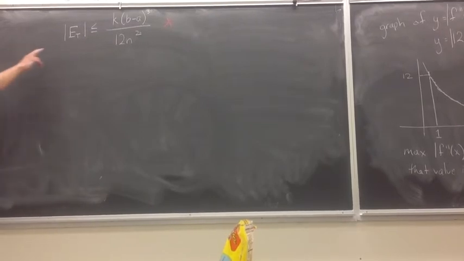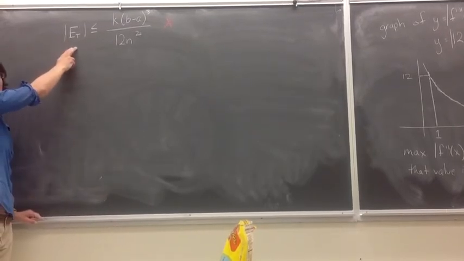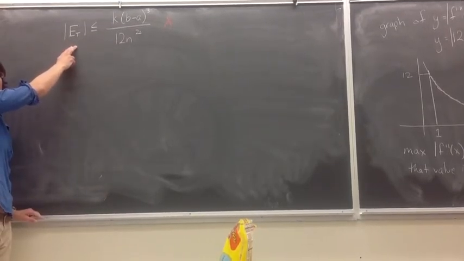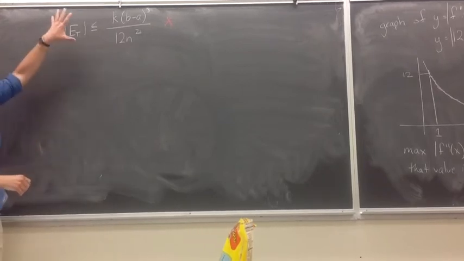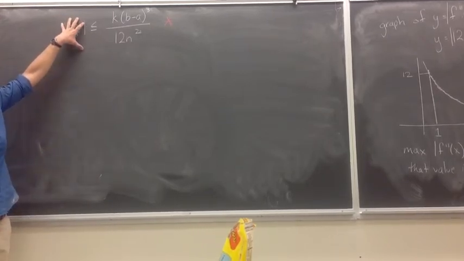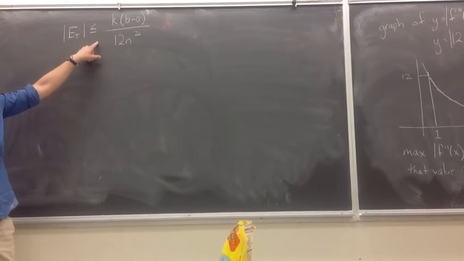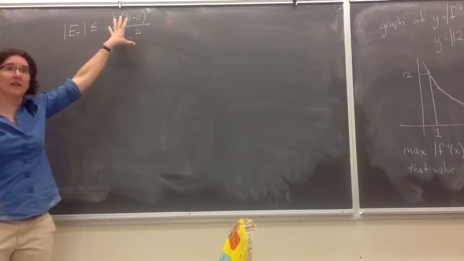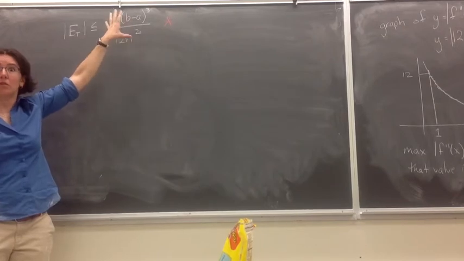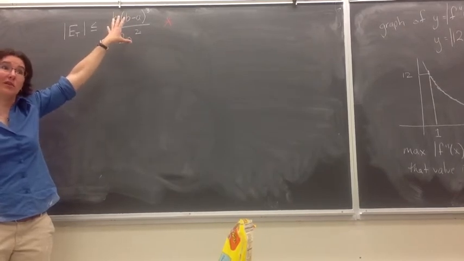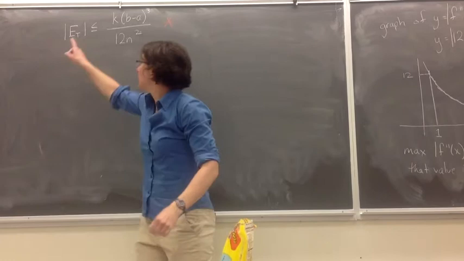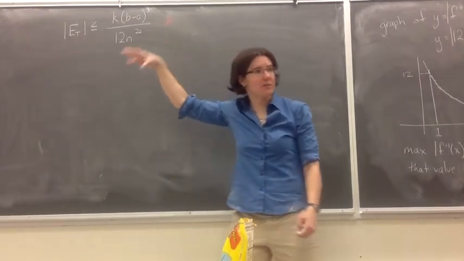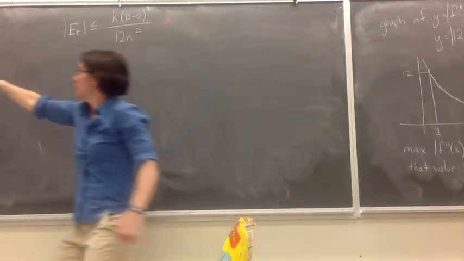Because think about if we put this 0.0001 over on the left side, we're saying that the error is less than or equal to, the error is smaller than this number over here. What we need to do, we need to force this error to be smaller than this number.